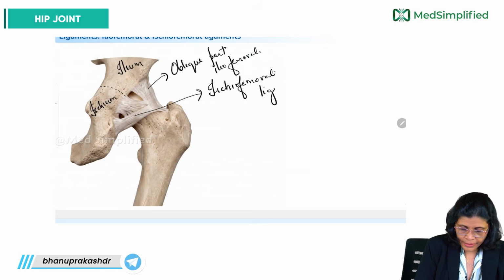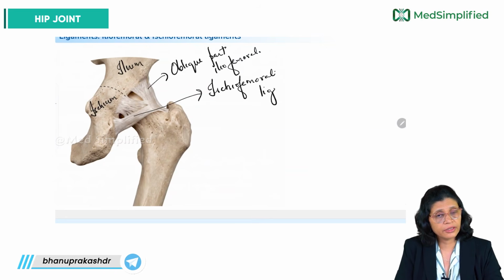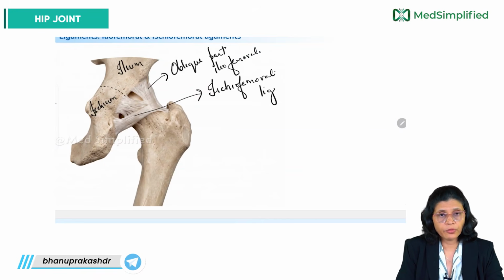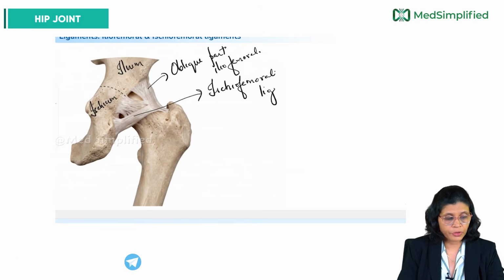All these ligaments, the ischiofemoral, iliofemoral and pubofemoral, provide the main support and stability to the hip joint.